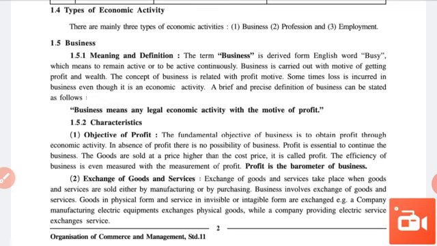Business is a word derived from the English word busy, which means to remain active or to be active continuously.